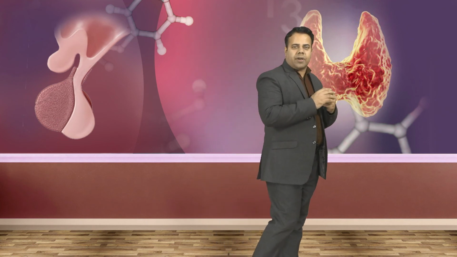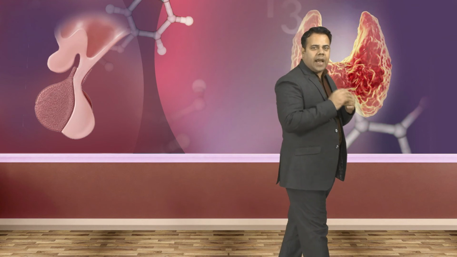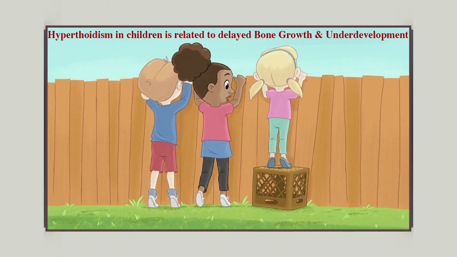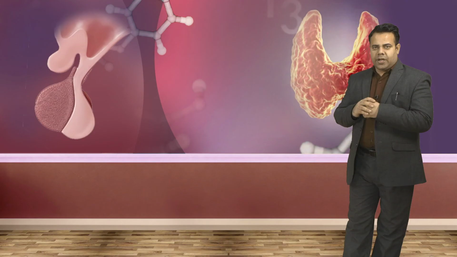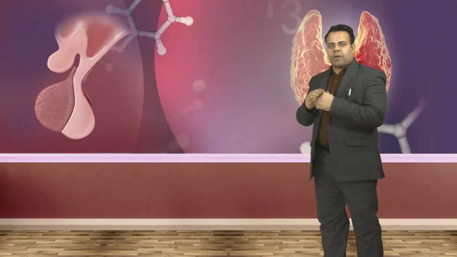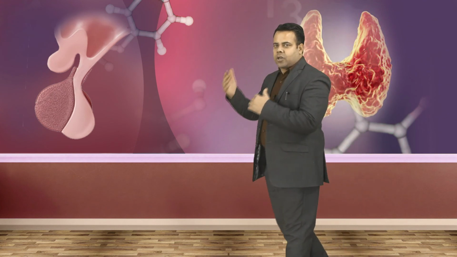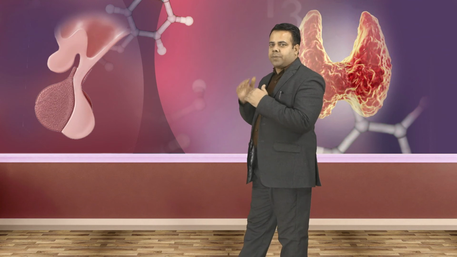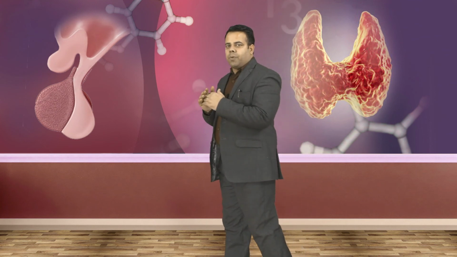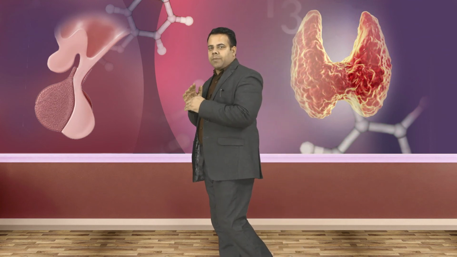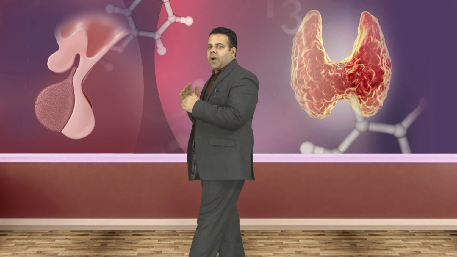Hypothyroidism in children is associated with a delayed bone age and failure to grow, resulting in short stature if untreated. In contrast, hyperthyroid children have an advanced bone age, that is accelerated growth and premature fusion of the end plates of the long bones, also resulting ultimately in short stature if untreated.